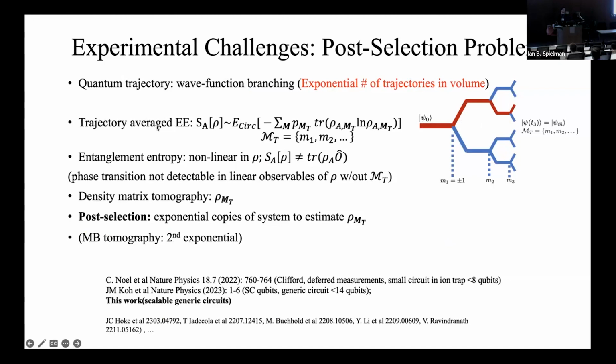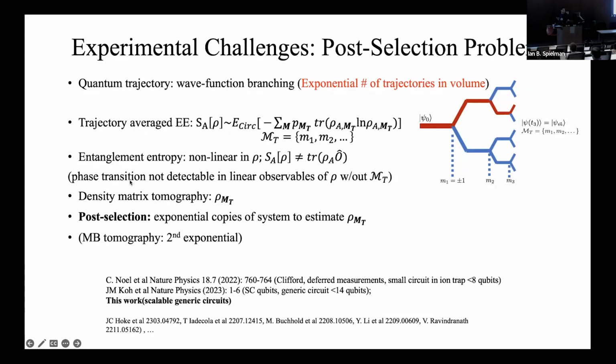On the other hand, the quantity that we want to measure, this trajectory average entanglement entropy, is a nonlinear function of the density matrix, as you can see here. So there is no observable whose expectation value can generate the entanglement entropy, because the entanglement entropy is a nonlinear function of the density matrix.